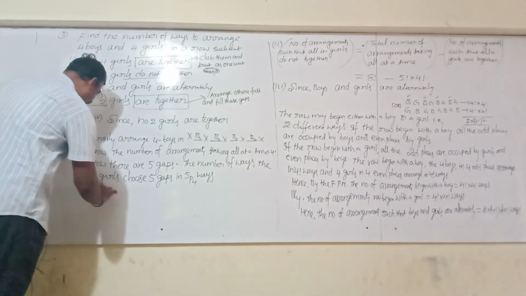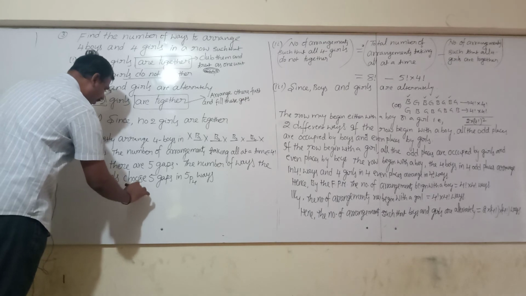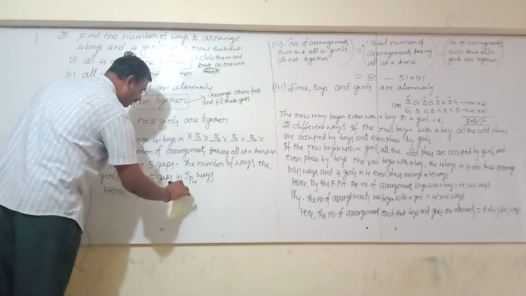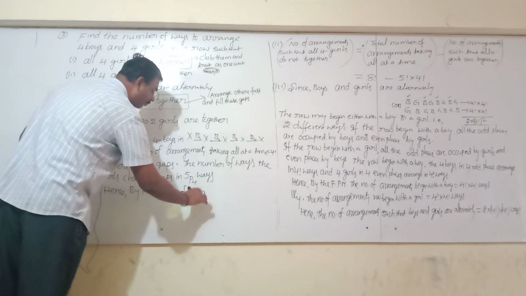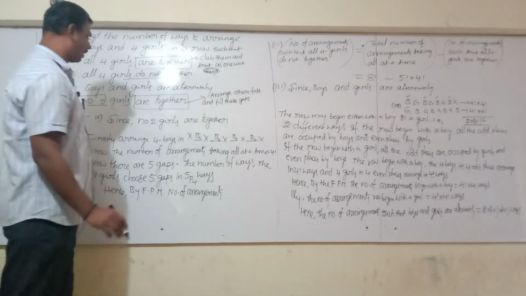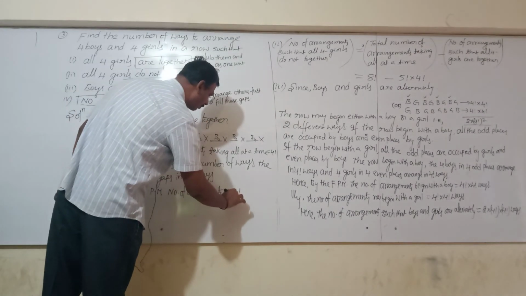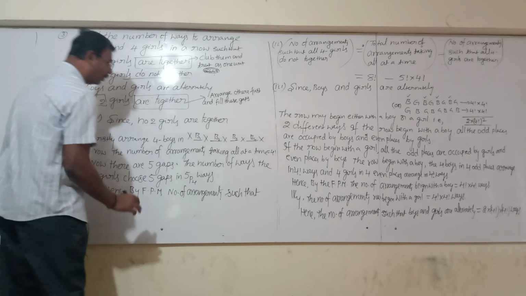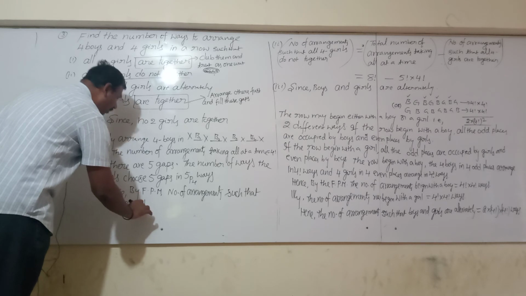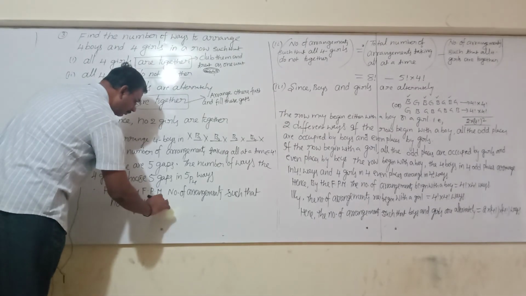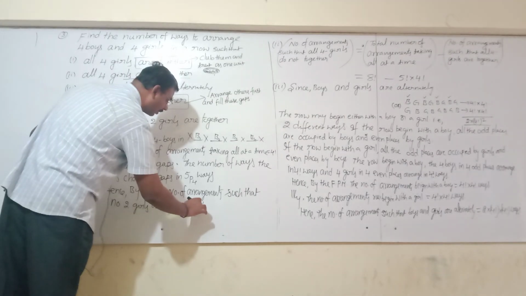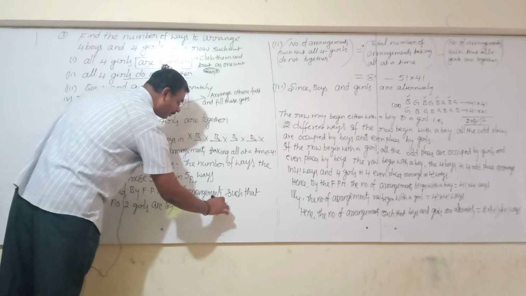Hence, by the fundamental principle of multiplication, the number of arrangements such that no two girls are together is equal to 4 factorial into 5P4.